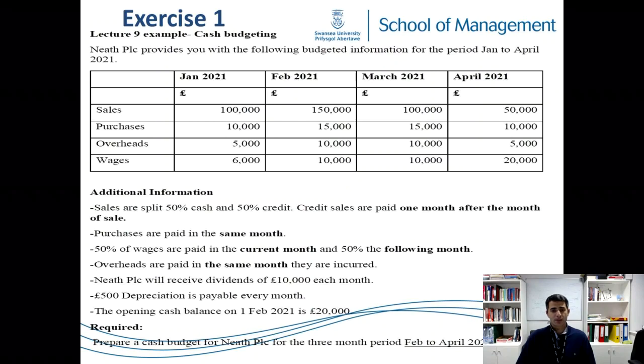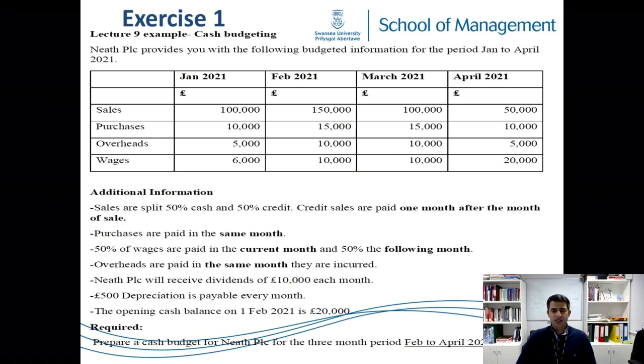Overheads are paid in the same month they are incurred. Neath PLC will start receiving dividends of £10,000 per month, but £500 depreciation is payable every month. The opening cash balance on 1st of February is £20,000. And the question asks you to prepare a cash budget from February to April.